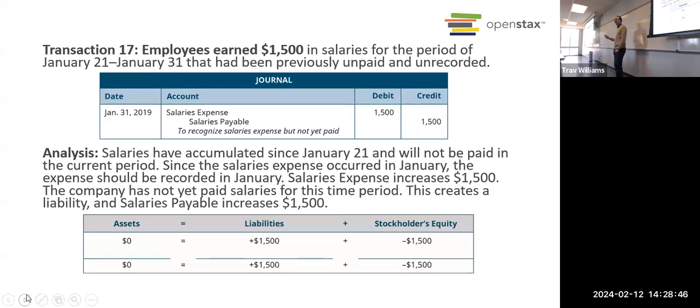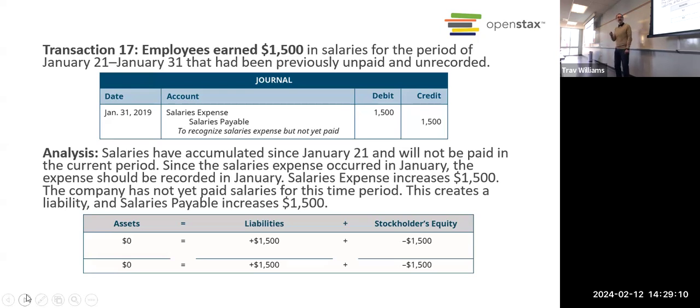Again, from the expense, right? And why are liabilities going up? Yeah, that payable means we owe it. It's a debt. And again, because these transactions are on the same side of the equal sign, one going up and one going down just balances it out, and we're still in balance.